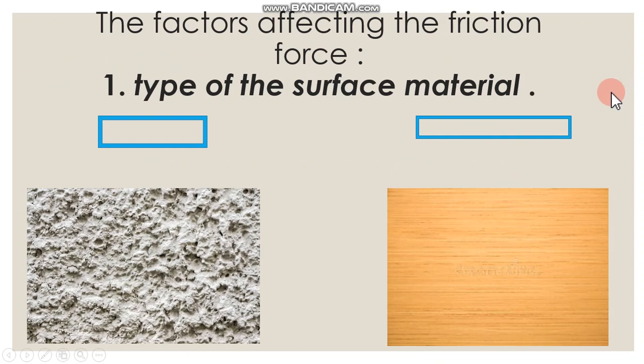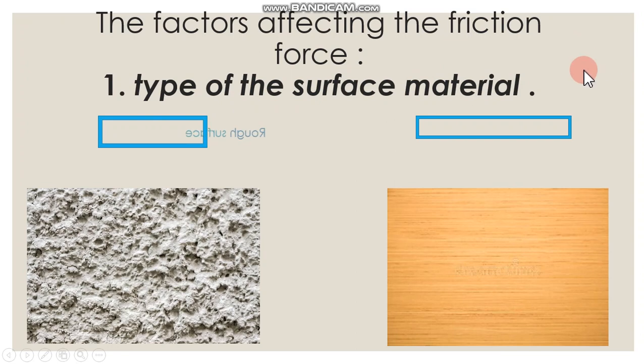So what are the factors affecting the friction force? What are the characteristics or the properties that make the friction force increase, or make the friction force decrease? Number 1, type of the surface material.